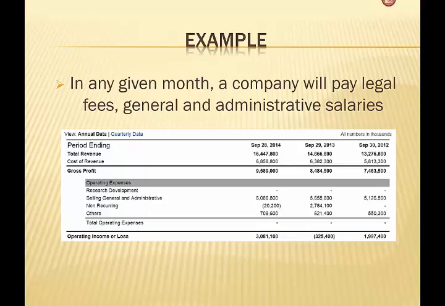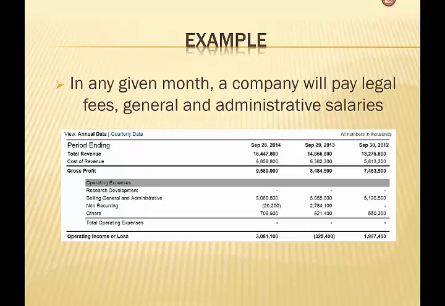And general and admin expenses, those are things like, you have to pay a legal team, you have to pay a marketing team, you have to pay all these different groups of people who don't directly deal with the production of a product, but they're still part of your business. And you will have periodic expenses associated with those groups.